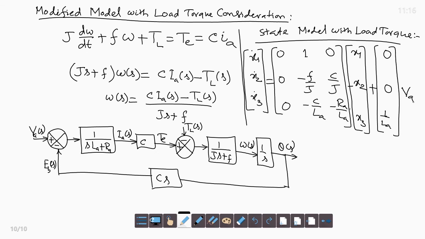Then to include the load torque, we add another term: 0, minus 1 by J, 0 times TL. So the load torque is included in the state model.